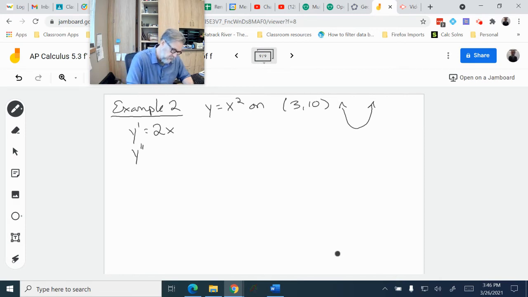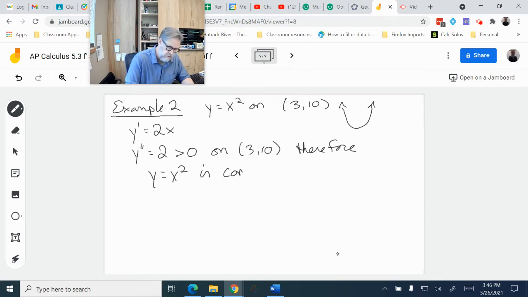Second derivative, y double prime equals 2 using the constant multiplier rule and the power rule. The second derivative is greater than 0 on the interval 3, 10, as it is on every other interval for this function. Therefore, y equals x squared is concave up on the interval.